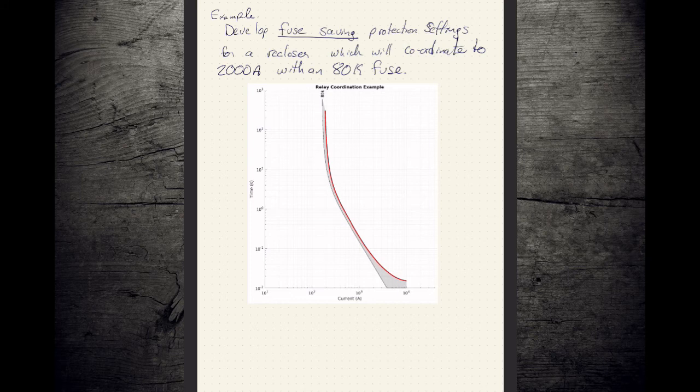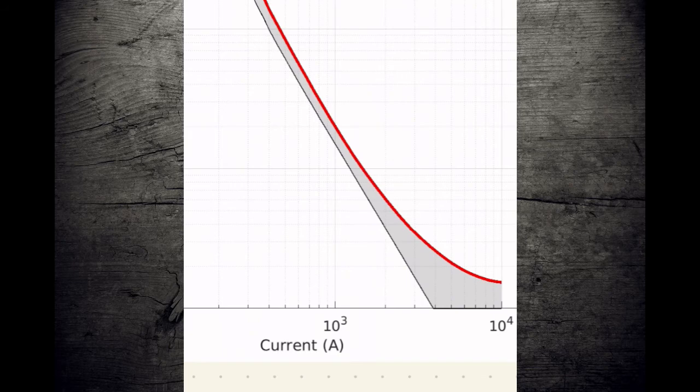So the very first thing we need to do is start understanding what our coordination margin is. Let's take a look at that. 1, 2, 3.